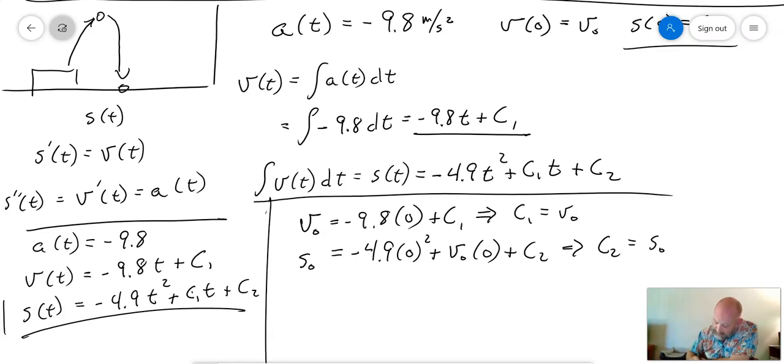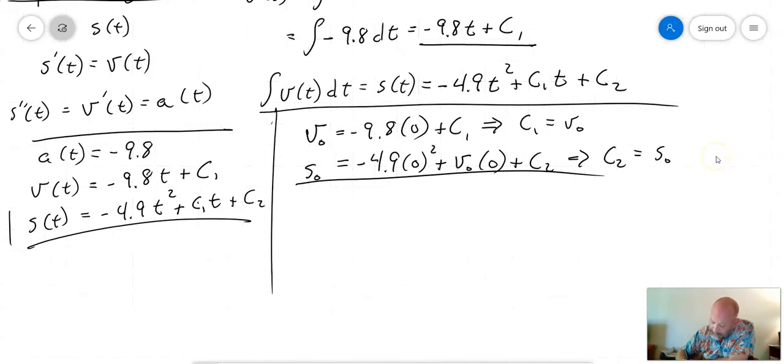And if we plug all those things into our final equations, what we end up with is you have a of t, which is your second derivative, is equal to negative 9.8. v of t is equal to negative 9.8 t plus some initial velocity.